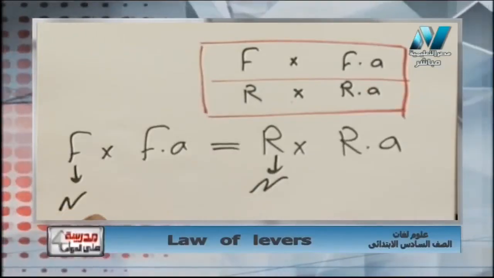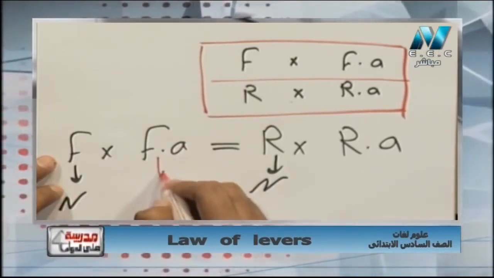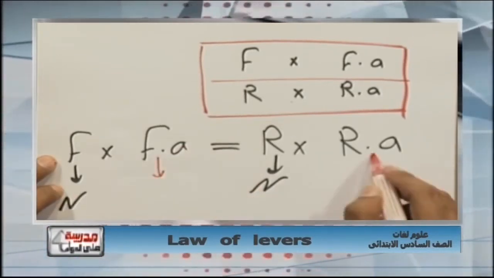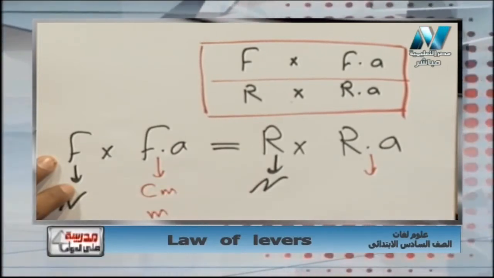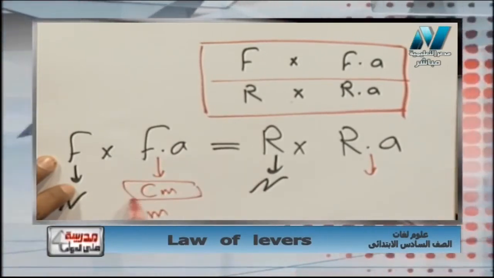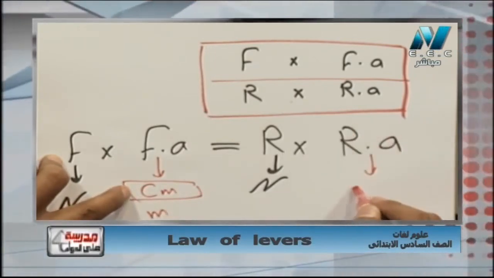So if he gave you in the exam the mass of the object, not the resistance directly, mass times 10, I can get the resistance in Newton. And you have to notice that the force arm or resistance arm may be in centimeter or meter. But if he gave it to you in centimeter, you must find the resistance arm in centimeter.